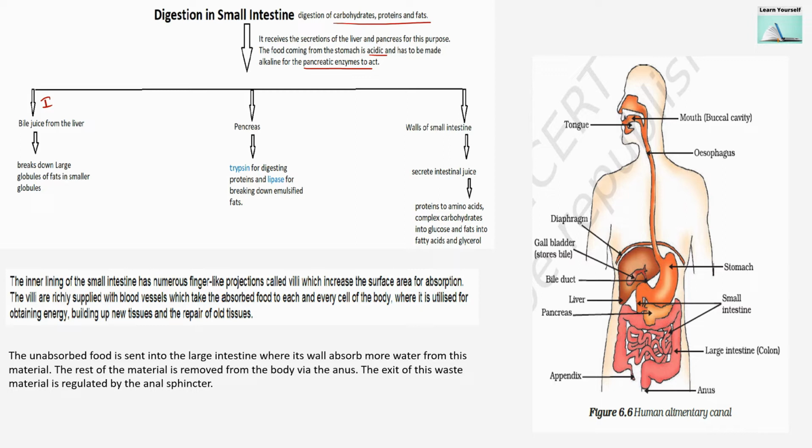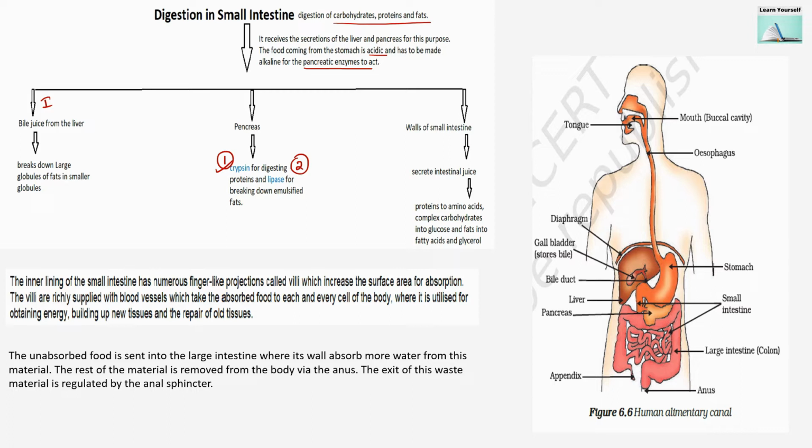Then second, from the pancreas, we will receive the pancreatic juice. In that, the trypsin will be there. Now what will it do? It will digest the protein, and lipase will break down the emulsified fat. So from the pancreas, we will receive two enzymes. First, trypsin, and second, lipase.